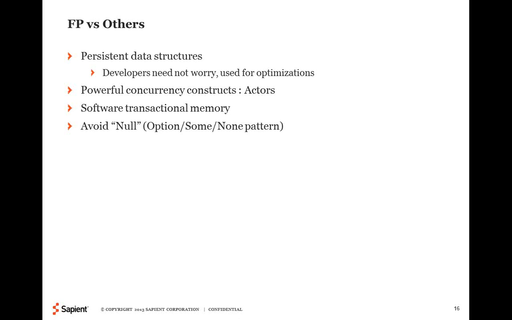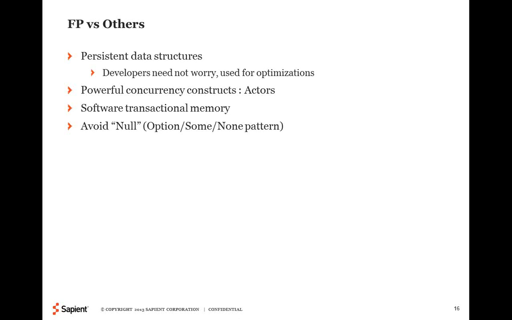Powerful concurrency constructs are present there in terms of the actors model. Their concurrency is based upon the actors model, not the exact thread model. It's an abstraction over the thread model that we can use over here. Software transactional memory is again something like the ACID properties we all know.